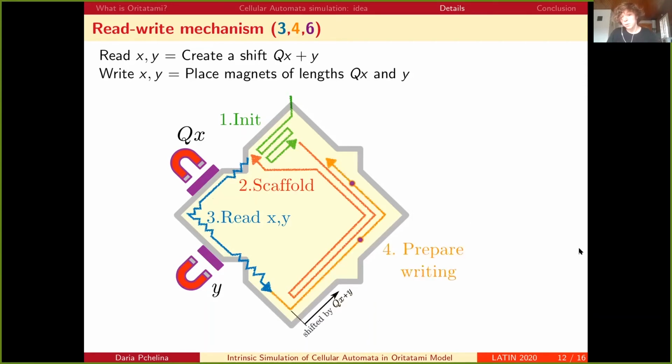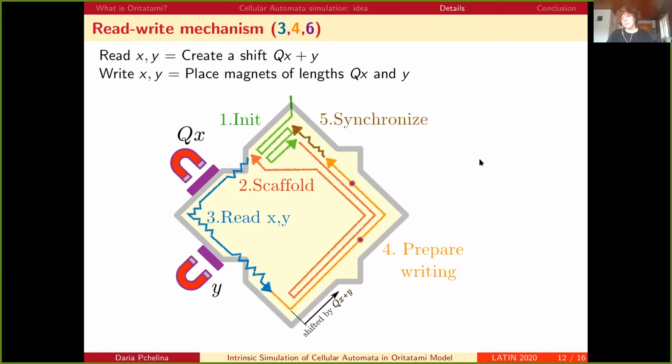And so during the next orange module, the shift is still present, and it plays a role of transition table, and the orange module puts two markers, many markers actually, to prepare for writing. We'll use them later.